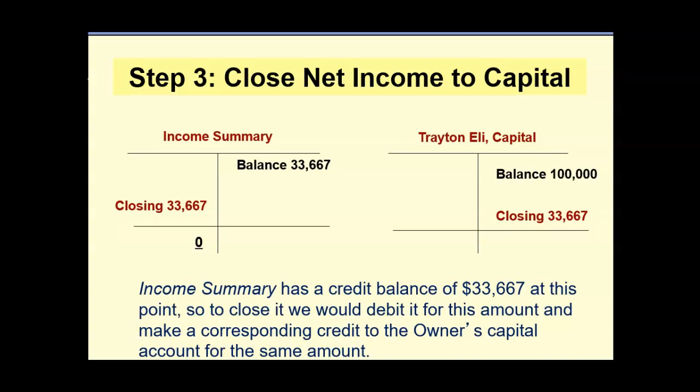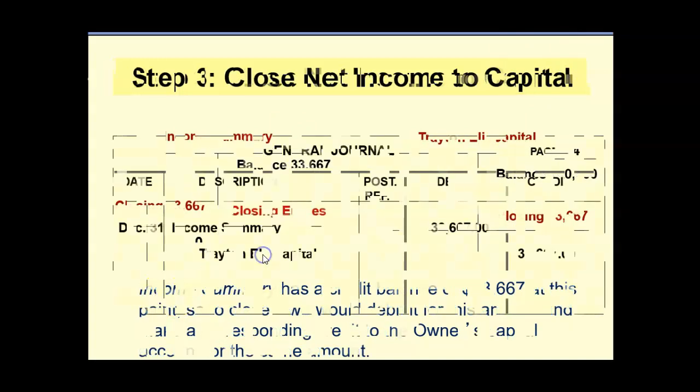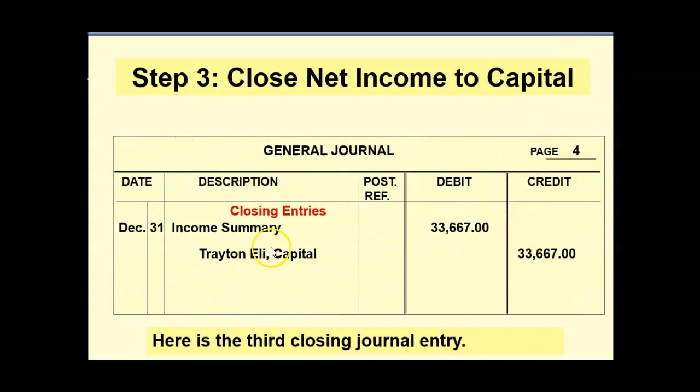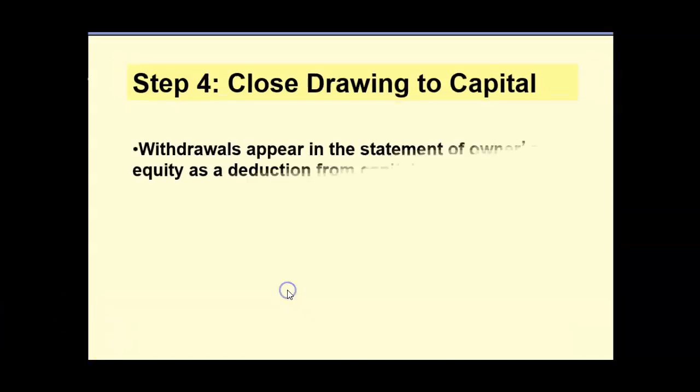It will make your capital account increase. The capital account increases on the credit side. So in my journal, we're going to debit income summary, credit capital, the $33,667. Three steps down, one to go.